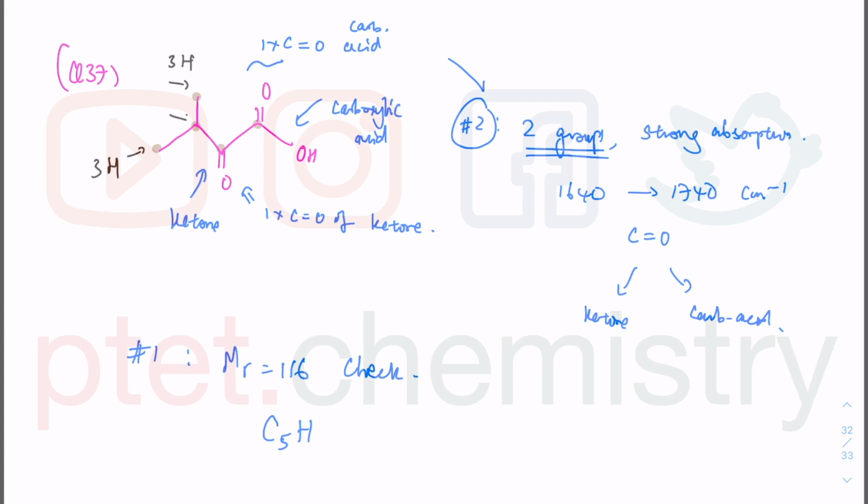Carbon forms 4 bonds, 1, 2, 3, so there's 1 more hydrogen there. There's 0 hydrogen. There's 0 hydrogen. There is 1 hydrogen there. So you add 1 plus 3 gives you 4, plus 1 is 5, 5 plus 3 is 8. So you have H8, and you have 1 oxygen, 2 oxygen, and 3 oxygen.